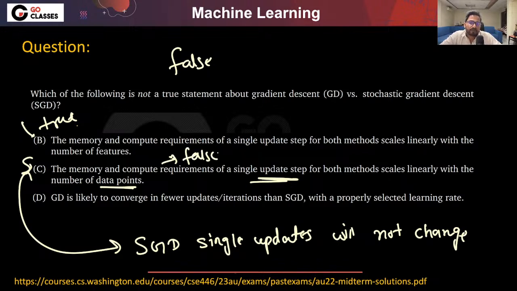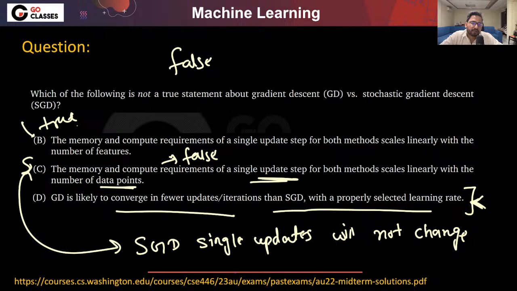Is this understood? Gradient descent is likely to converge in fewer updates or iterations than SGD with a properly selected learning rate. So what do you think? Since they are saying likely, that is why it is true, right?